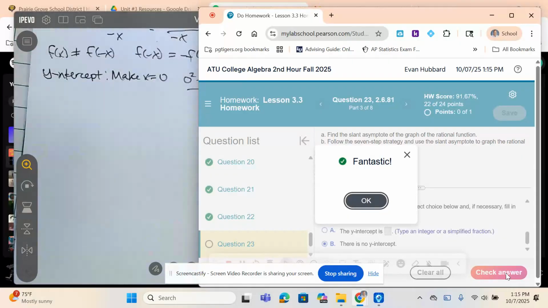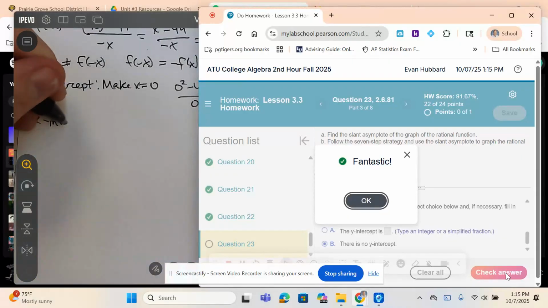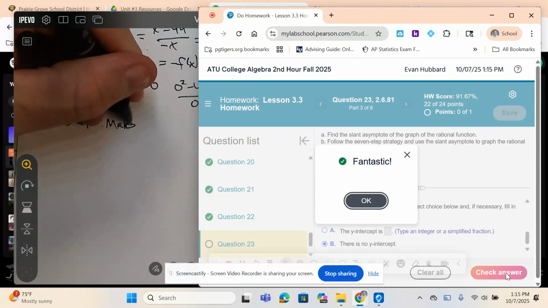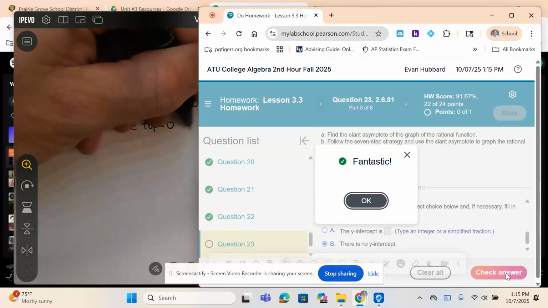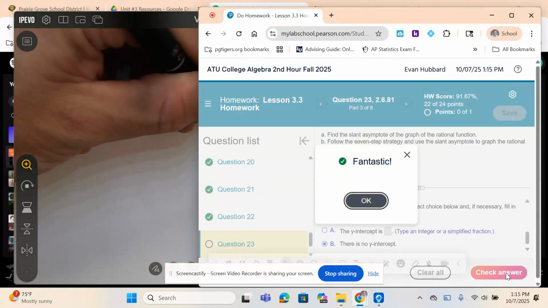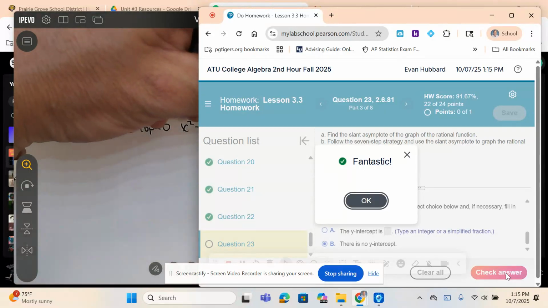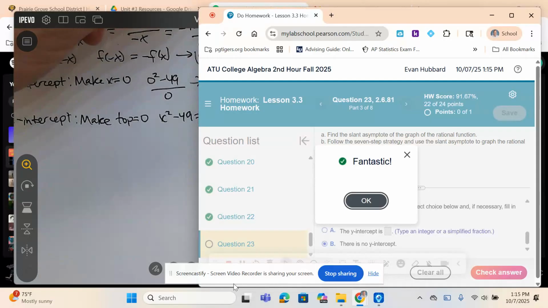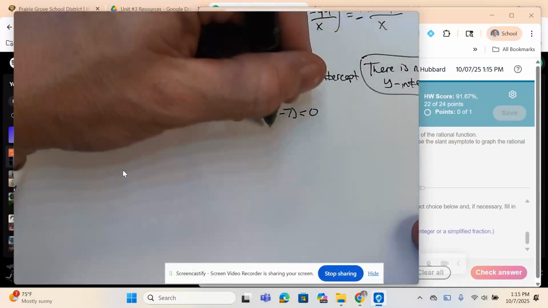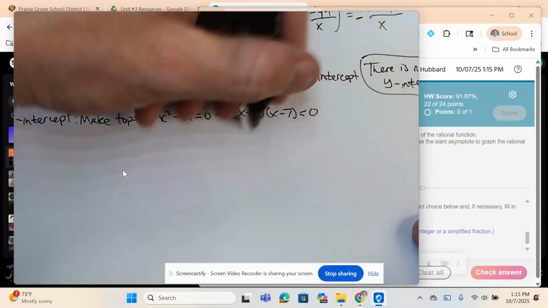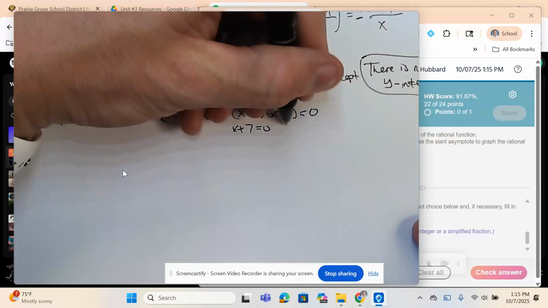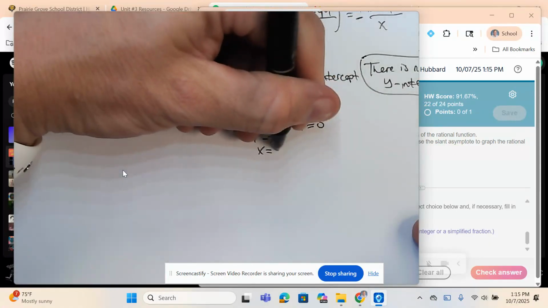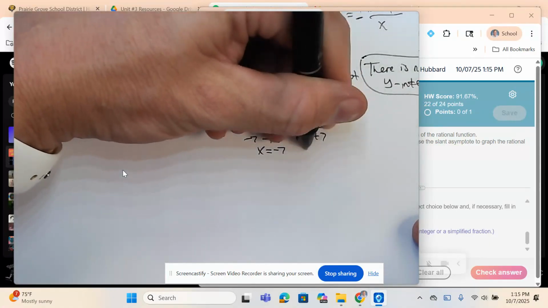There will be an x-intercept, 2 of them. For the x-intercept, we make the top equal 0. So x squared minus 49 equals 0. X plus 7, x minus 7 equals 0. So x plus 7 equals 0, x minus 7 equals 0. Now you could eyeball this. X equals -7, x equals 7.